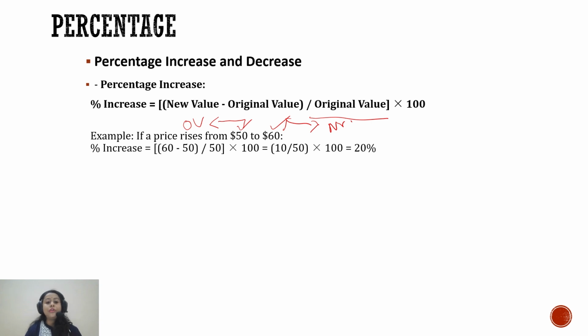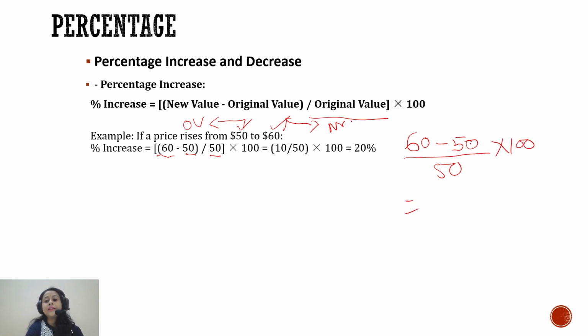Now as per the formula, new value minus original value, by original value, into 100, will give you the percentage change. So I am writing it here again: new value 60, minus original value 50, by 50, not 60, into 100.